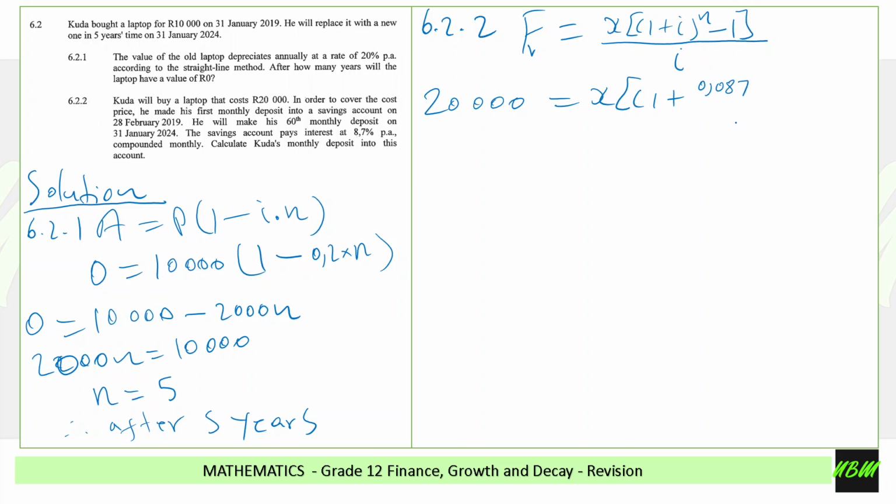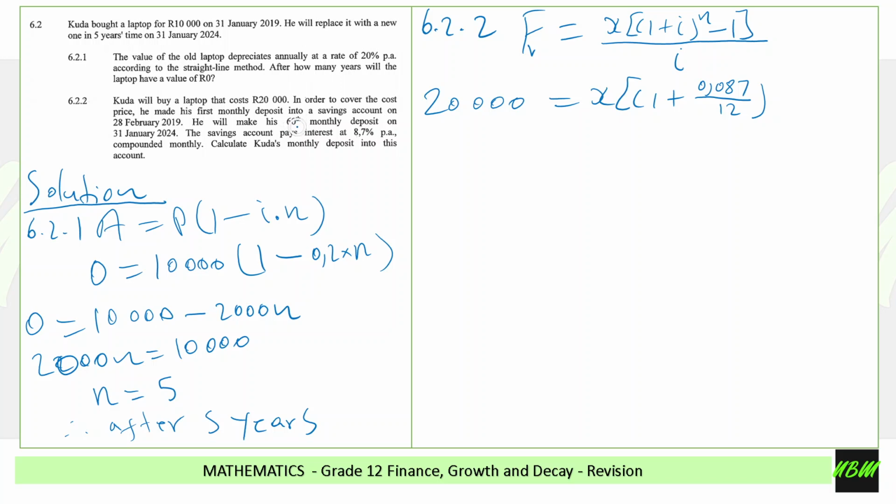But the interest is compounded monthly, so we divide i by 12), all to the power of n. They have made things very easy for us.